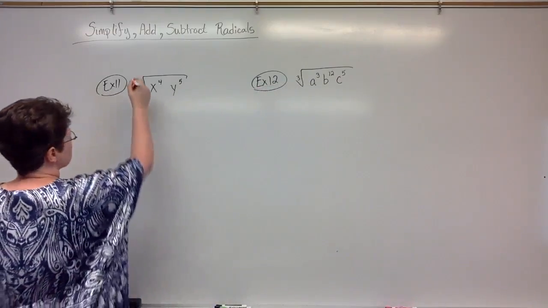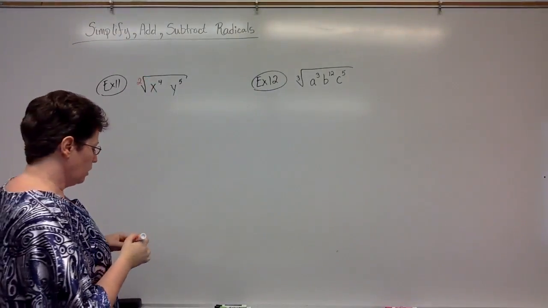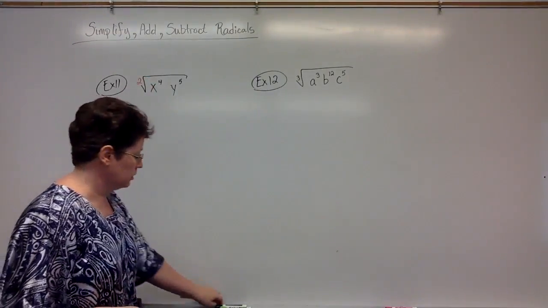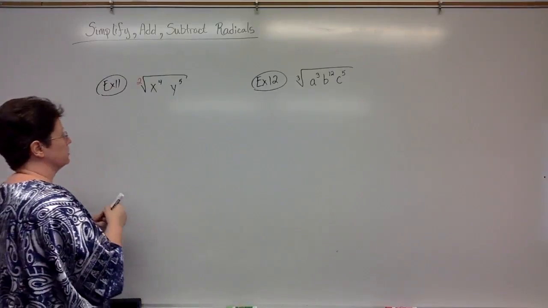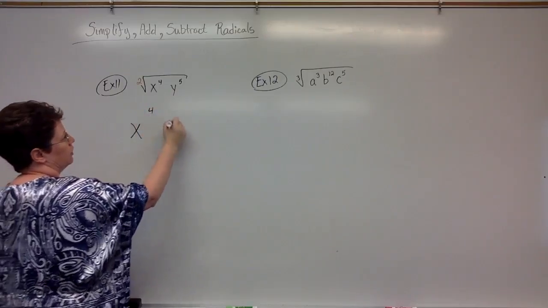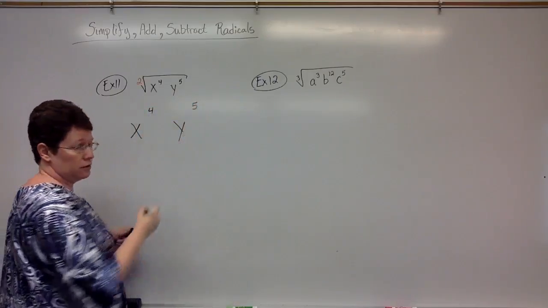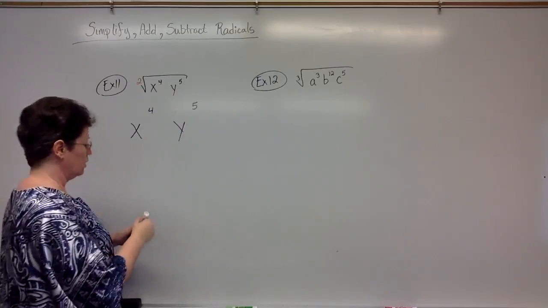So for a square root, I'm just going to put a little 2 out here to indicate that it's a square root. For variables, what we do is we divide by the type of radical it is. So we have an x to the 4th and a y to the 5th. And we just said it's a square root.